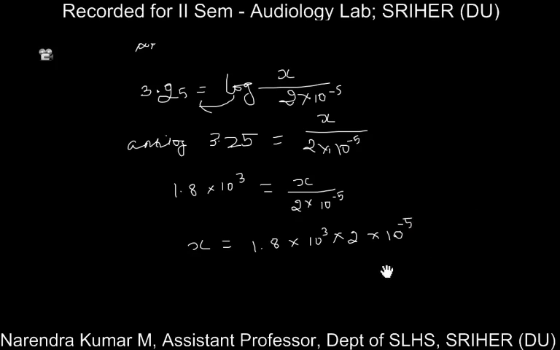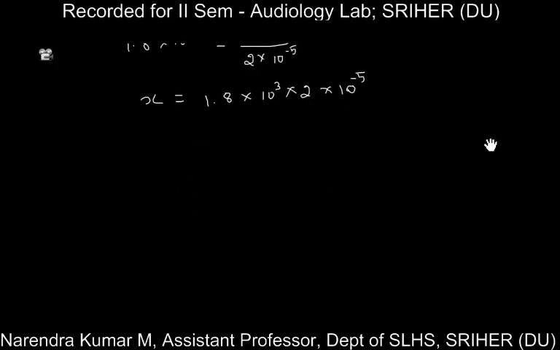On simplifying, 1.8 into 2 becomes 3.6, and 3 and minus 5 simplify into minus 2. So it is 3.6 into 10 to the power minus 2 pascals.